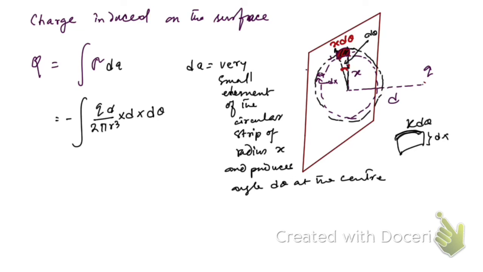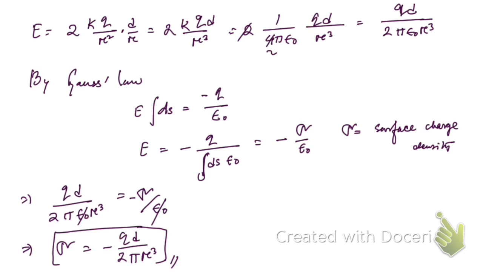And r is the distance from this charge q to the point P. Point P was on the plate, right? So this distance is r. Let me consider the point P here, which you can see in the diagram.